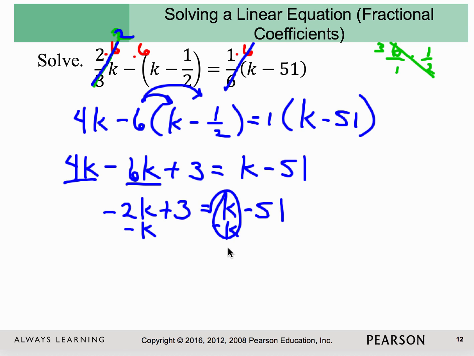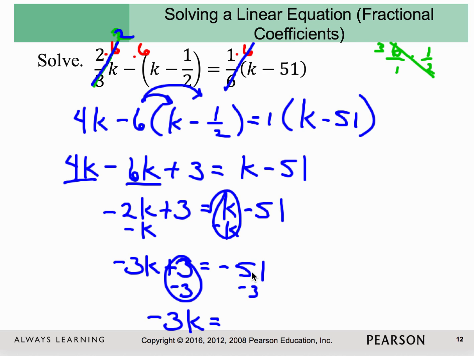Negative 2k minus k is negative 3k plus 3 is negative 51. Once all your variables are on the same side, undo anything being added or subtracted. So let's subtract 3 from both sides. So we wind up with negative 3k, and negative 51 minus 3 is negative 54.